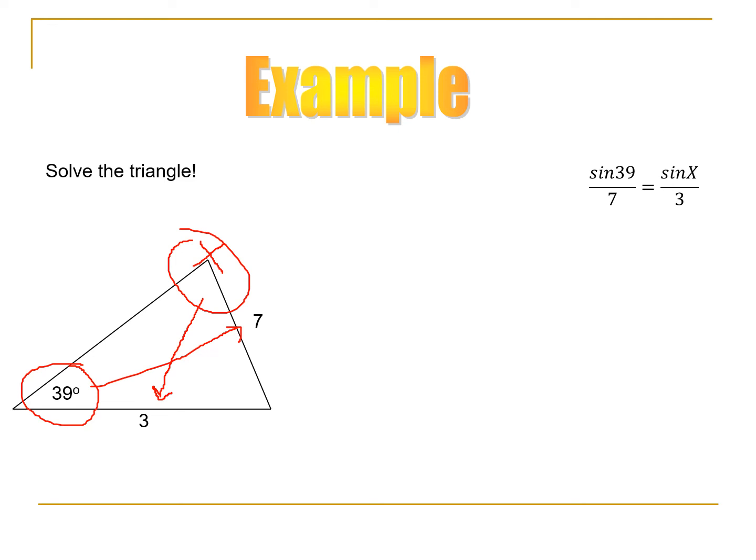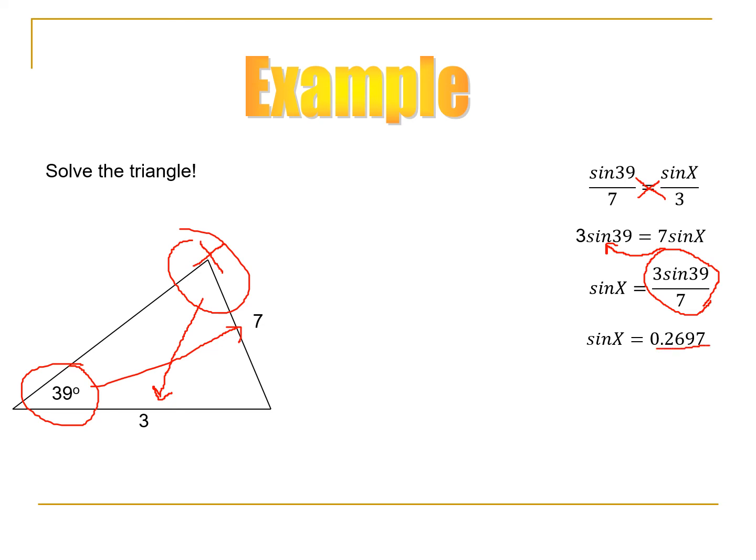From there, we cross multiply. Take the 7 and divide it to the other side. At this point, punch all of this into your calculator, again making sure that your calculator is in degrees mode. Now we don't have the answer yet. Notice we still have sine to get rid of.